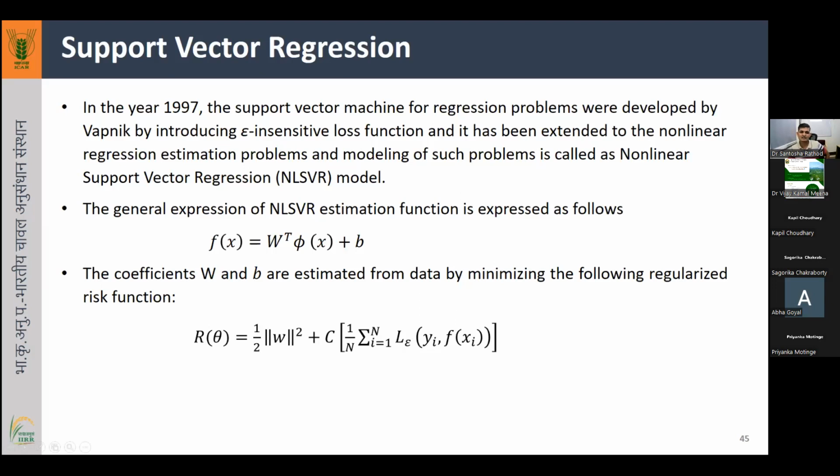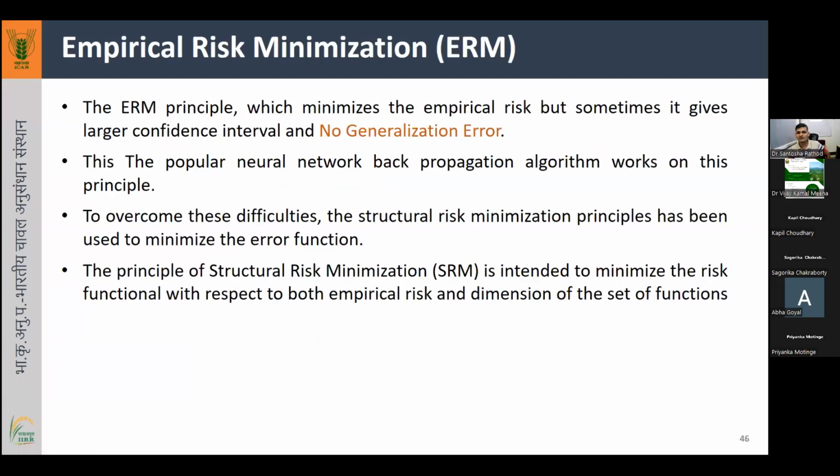So this is the major difference between neural network and support vector regression: here you have what we call a regularized function, and in a neural network we have an empirical risk function. Empirical risk minimization, which is the neural network, will not give us a generalized error, and it will give us a larger confidence interval.